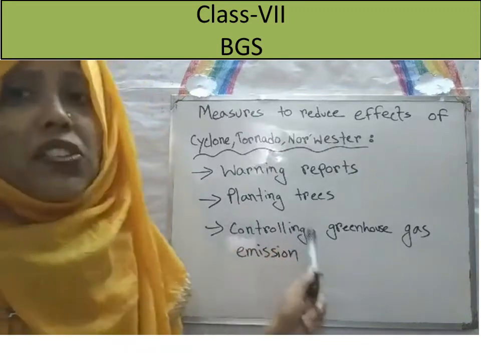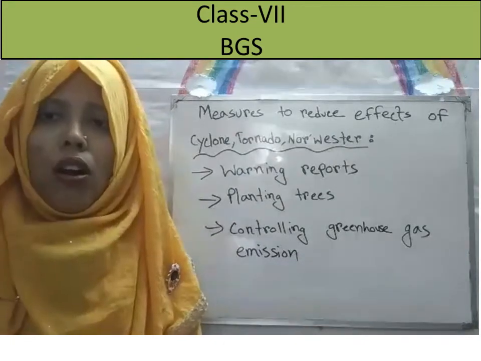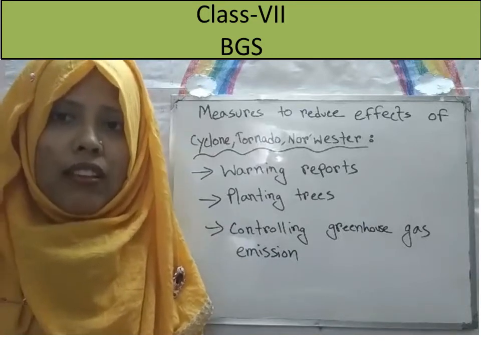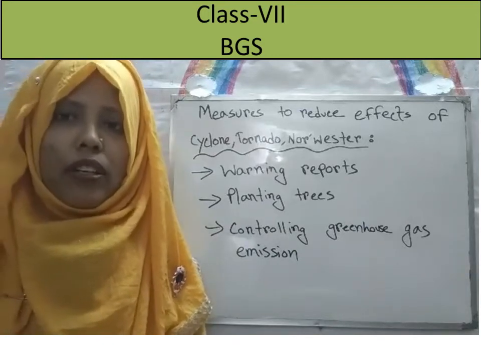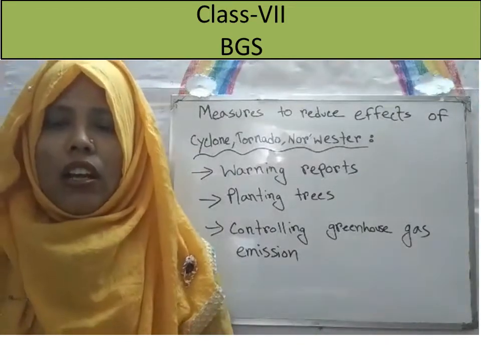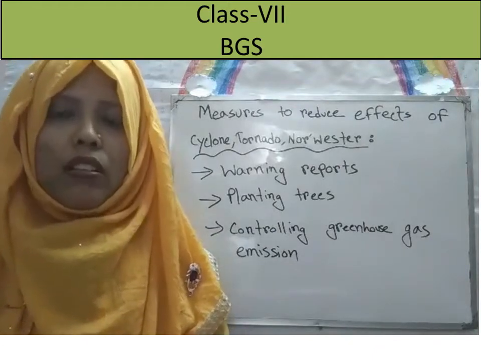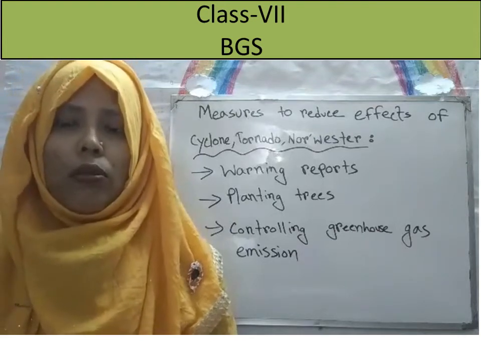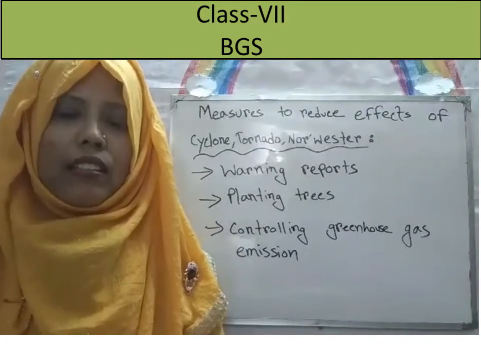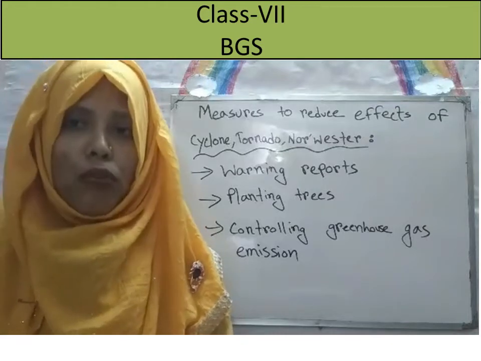After that, planting trees. If we plant trees in front of our house, on the road, or in general places, then trees protect our environment. Controlling greenhouse gas emission. For reducing this type of damage from disasters, we will reduce the use of gases like carbon dioxide, methane, nitrous oxide, and chlorofluorocarbon.